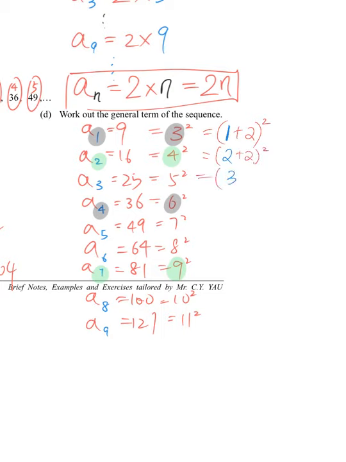The third term is found by adding 2 to 3 and then squaring. The fourth term is found by adding 2 to 4 and then squaring. The fifth term is found by adding 2 to 5 and then squaring, etc.